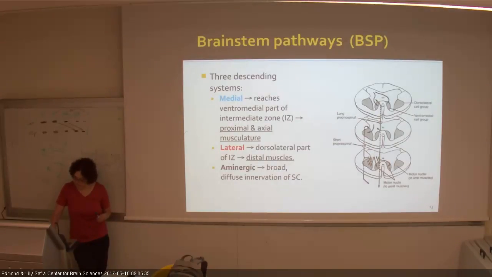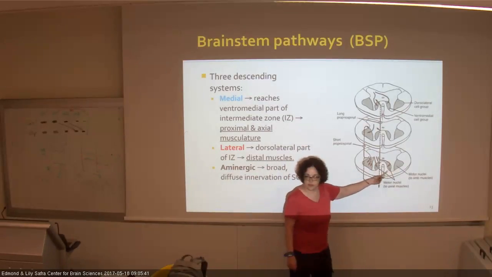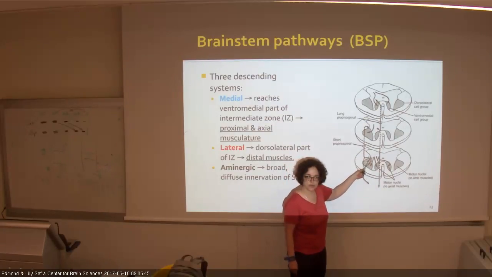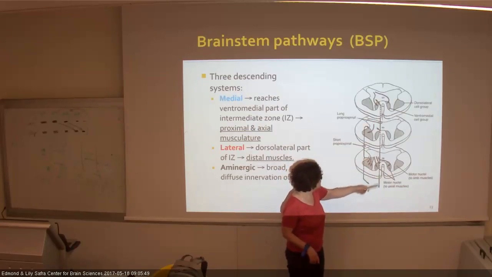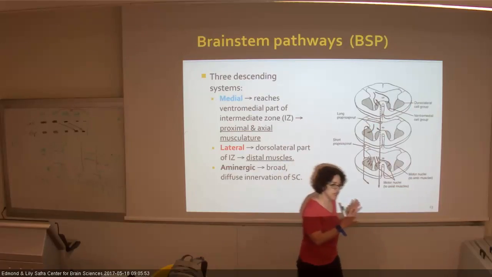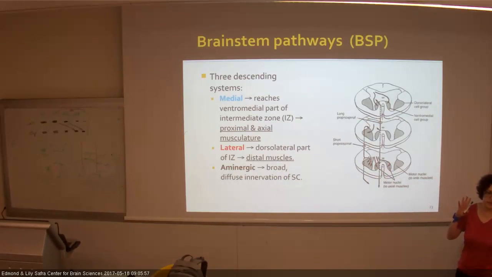structures. If we look at the spinal cord, this is the gray matter, the butterfly. This is the ventral horn, where the motor nuclei are located, and this is the sensory side. You see there is a general segregation between medial and lateral systems.